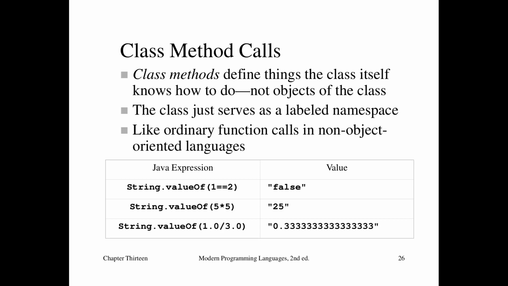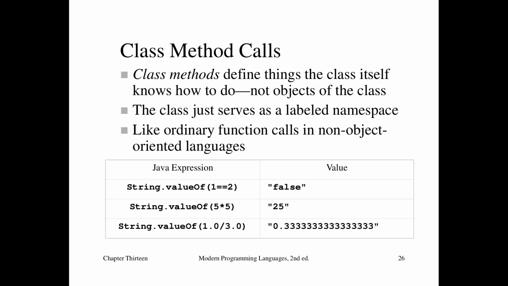You can actually use the variable of the class, but it's considered confusing to those who read your code. So class methods define things that the class itself knows how to do, not objects of the class. The class just serves as a labeled namespace holding those methods or constants or fields.